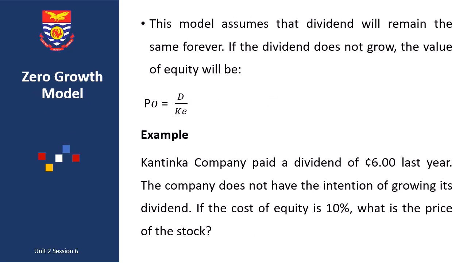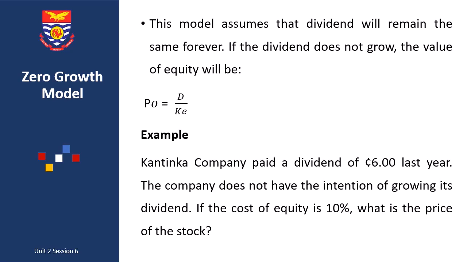So using this model, we assume the zero growth model. The zero growth model assumes that the dividend will not grow at all. From the heading, zero growth model, it means the dividend does not grow.